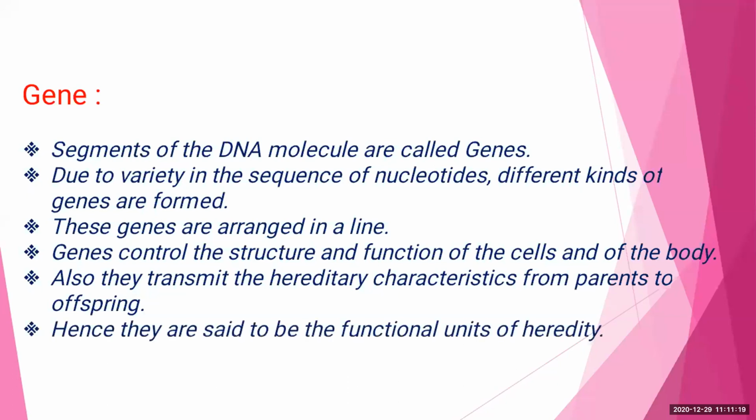So hence they are said to be the functional unit of heredity, right? So in the germ cells, we have said that the same kind of DNA is present in the autosomes, but in the sex chromosomes, we have seen that half the DNA of the male and half the DNA of the female combine, and because of this combination, a different kind of human being, that is a child, is born with some similarities and some differences in his body, right?